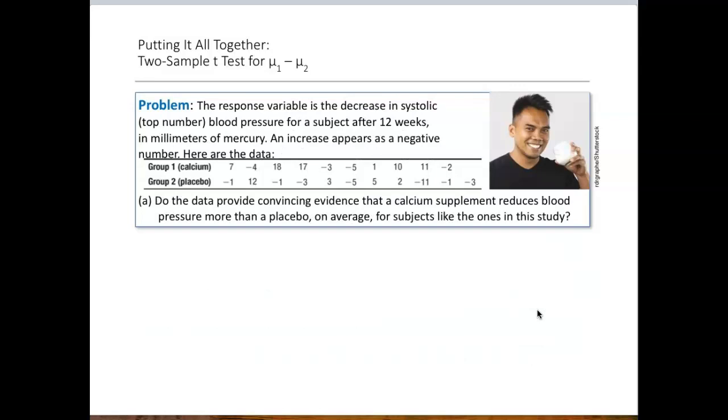Our parameter of interest is going to be mu calcium supplement minus mu placebo. And that's going to be the true difference in, I guess, reduced blood pressure.